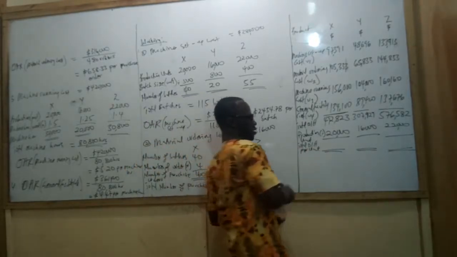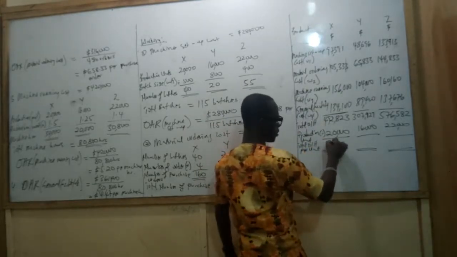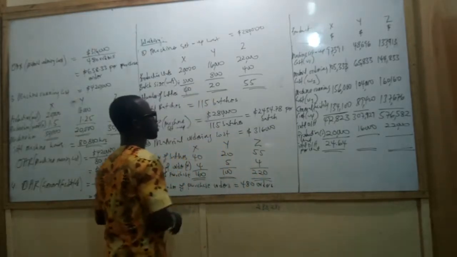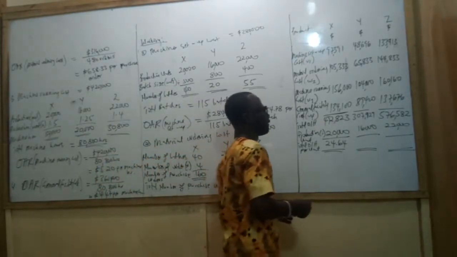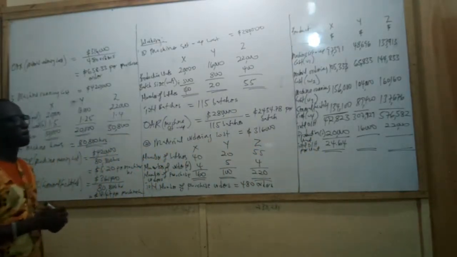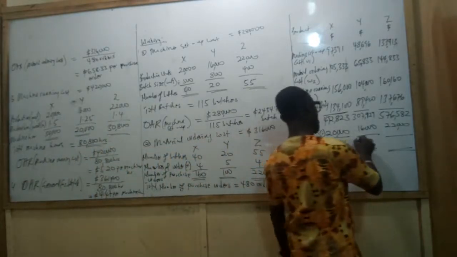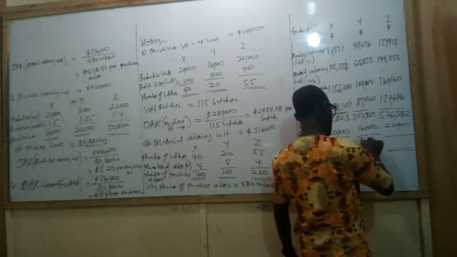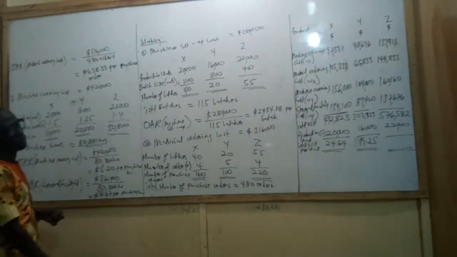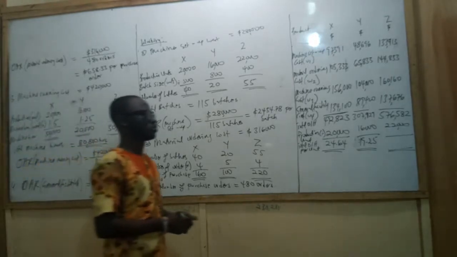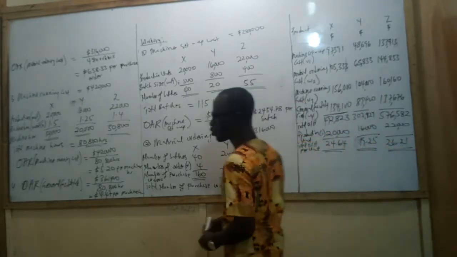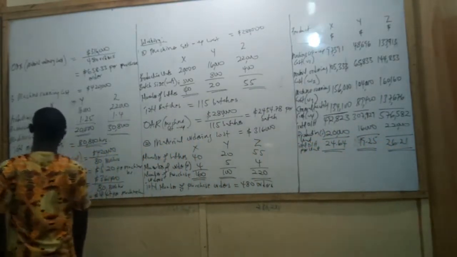So you have 24.64, 19.25, and 26.21. Any questions on this workings?